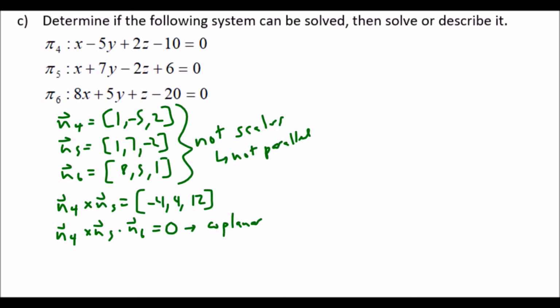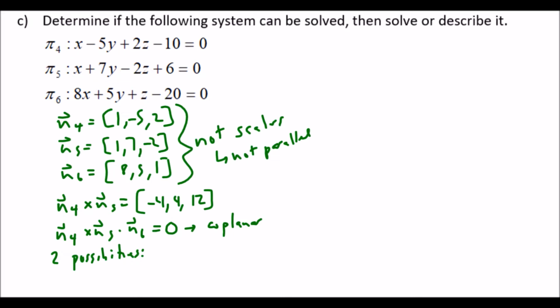Okay, Mr. Wills? That means they intersect in a line or intersect in pairs. So I really have two possibilities.